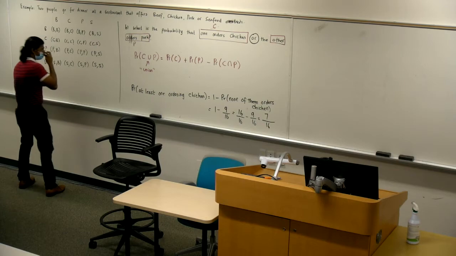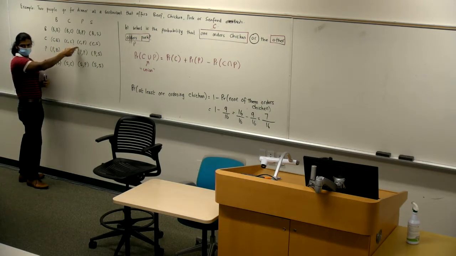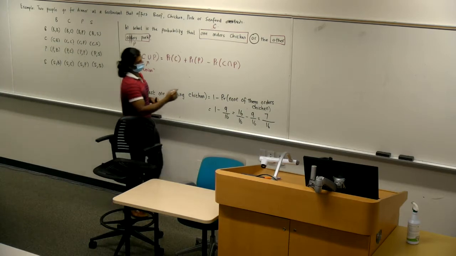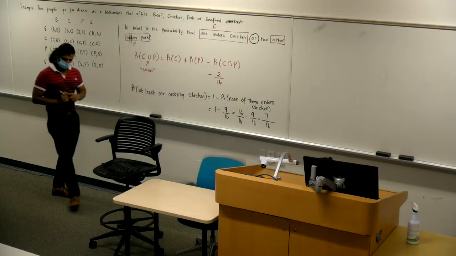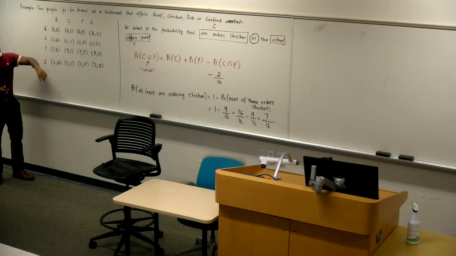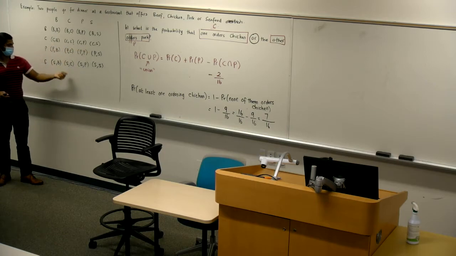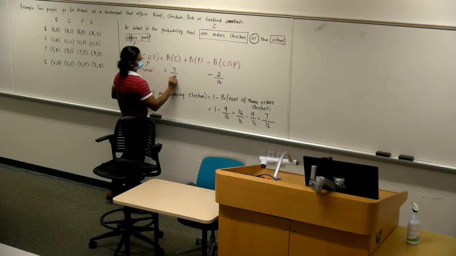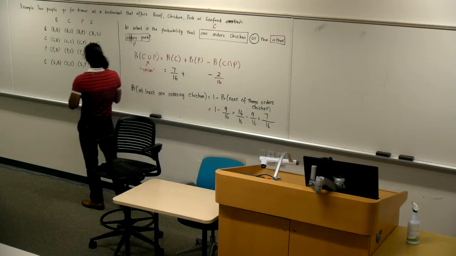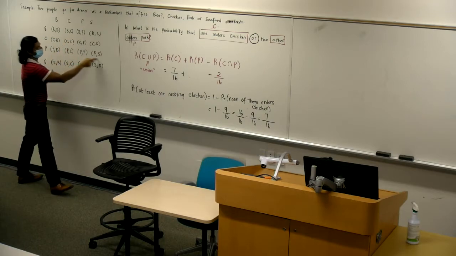C and P occurring simultaneously once, twice. Yes? So minus 2 out of 16. Probability of C is the probability of ordering chicken: 1, 2, 3, 4, 5, 6, 7. Probability of P should be 7: 1, 2, 3, 4, 5, 6, 7.